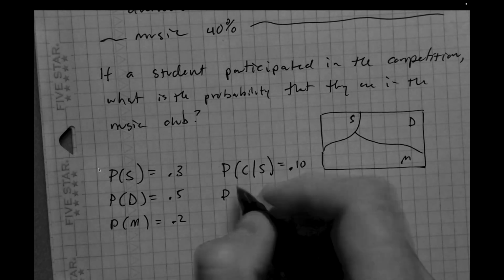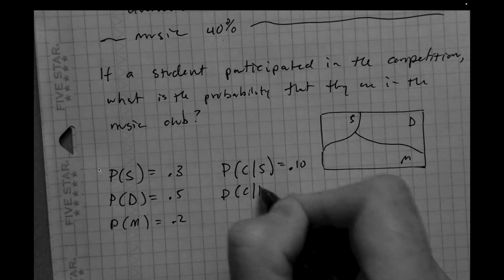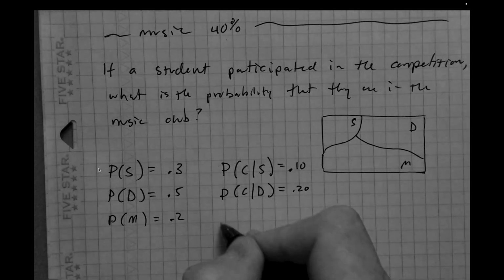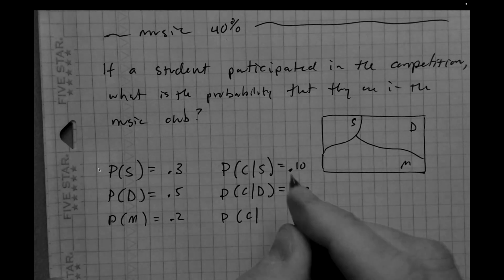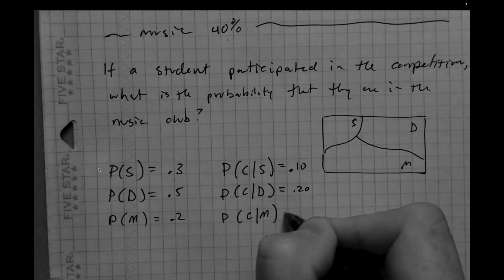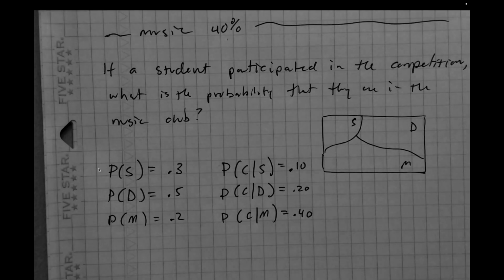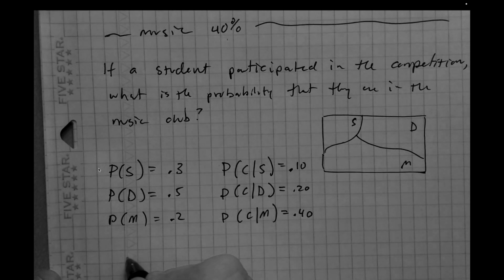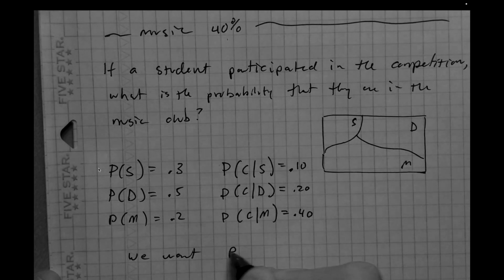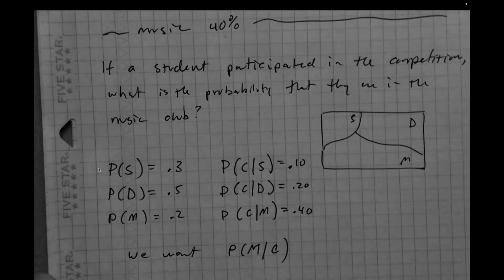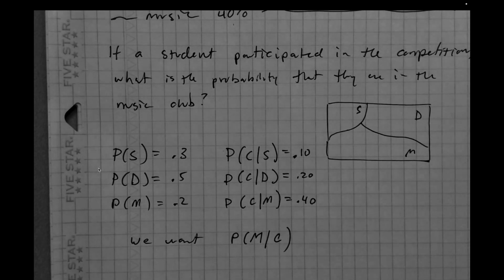The probability that you competed, given that you were in drama, was 20%. And the probability that you competed, given you're a music student, is 40%. Now what we want to know is the probability that you were in music given that you competed. So we know that you competed. What's the probability that you were in music?